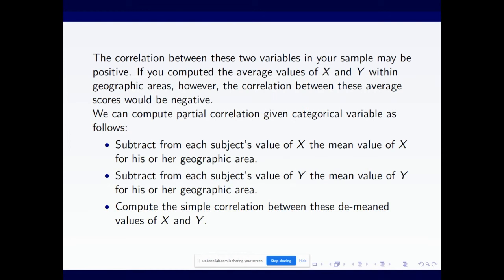Here it is difficult to use our original method, which is applying the formula, because the geographic area is not a numerical variable. So here we can modify the approach that we did, as we just discussed.